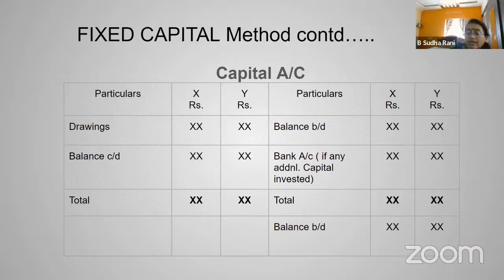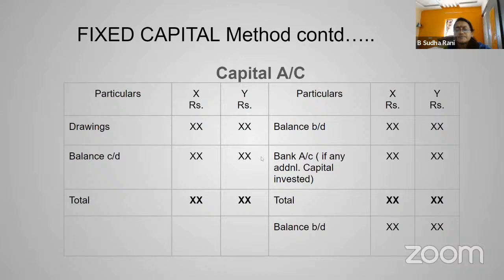Please note down and listen carefully. This bank is for any additional capital that the partner brings in the question. Means Mr. A brought 20,000 as his additional capital, then we will take this bank. Otherwise, this will not come. Do you understand? Only if any partner brings additional capital will we take it. Otherwise, we will not take.